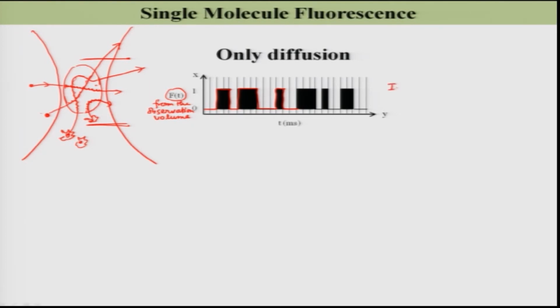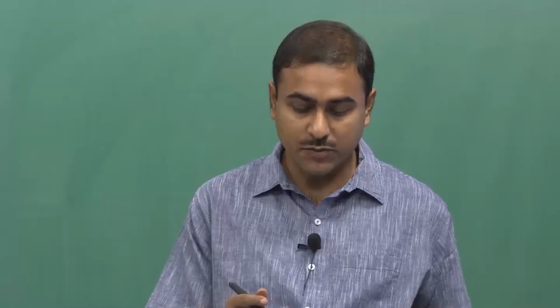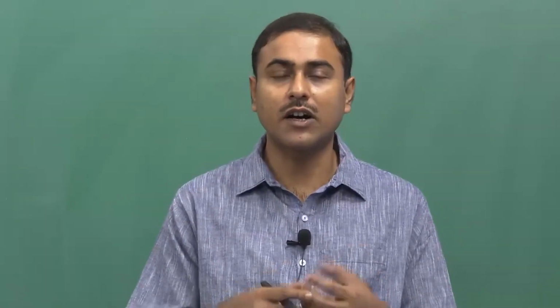I can simply write this as intensity fluctuation. Now, consider that the diffusion of this molecule in and out of this observation volume is slow. Then the self similarity of this fluorescence fluctuation will be more, because the molecule is present for a longer time within this observation volume, the fluorescence is on.